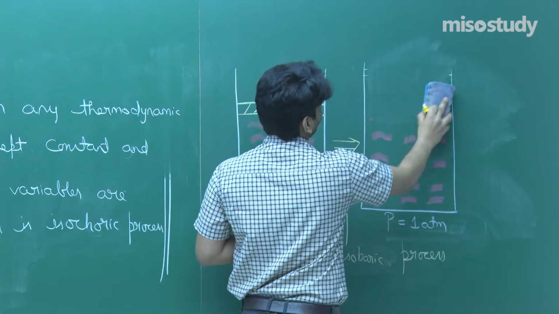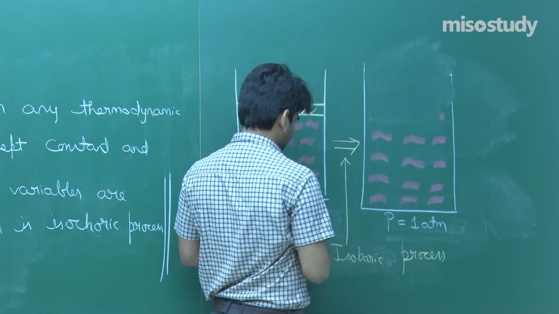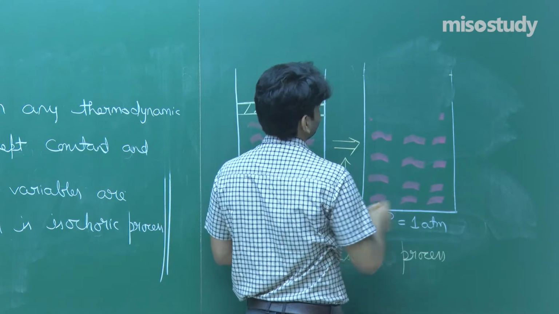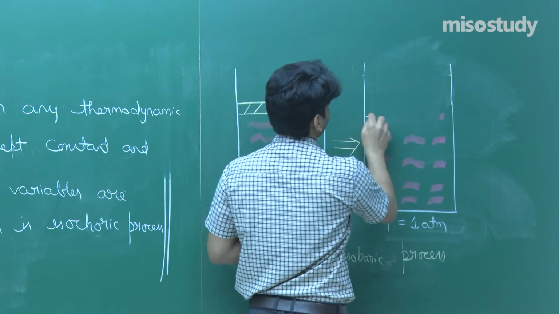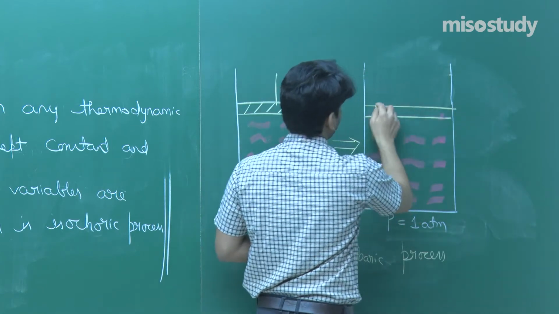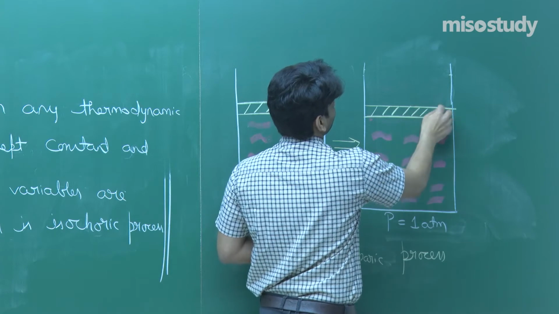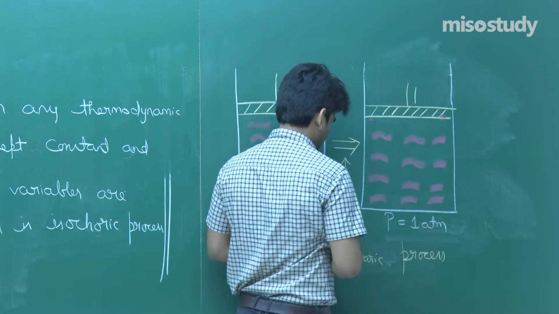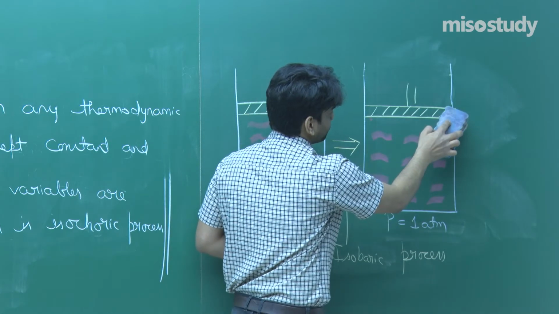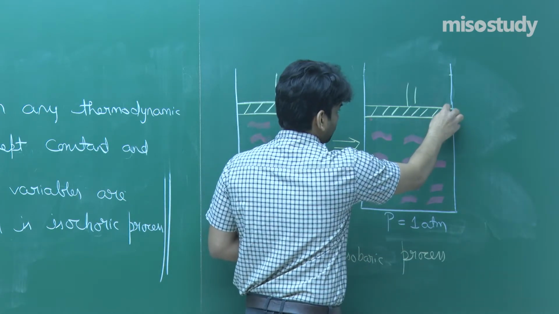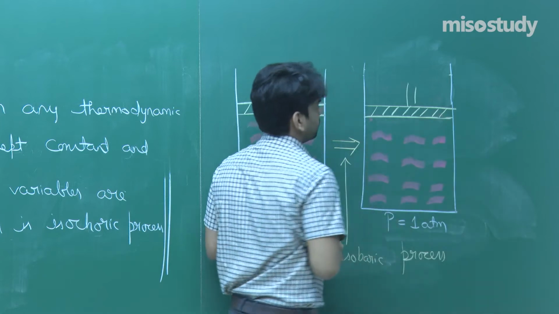So I'm going to keep the piston at the same position in this case. Whenever the thermodynamic variables are varied, we have to keep the volume constant. You may just observe this. Volume is kept constant.